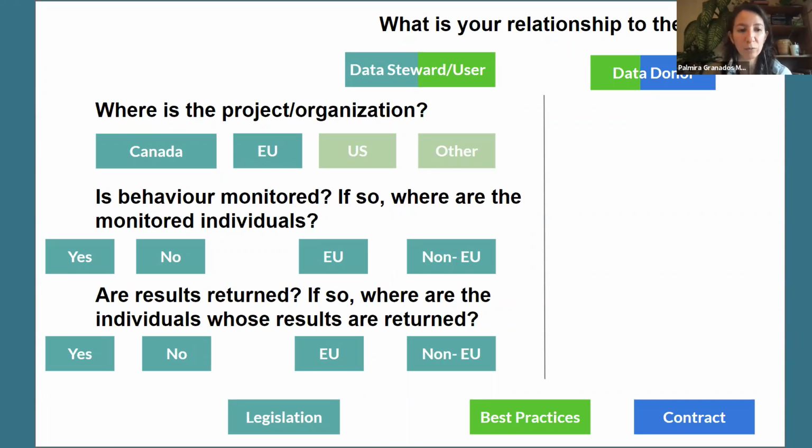Then the last question would be, are results being returned? And if so, where are these individuals located? Again, the answers would be yes and no, and then in the EU or non-EU. This is because of the provisions and the scope of the GDPR, the legislation in the European Economic Area.